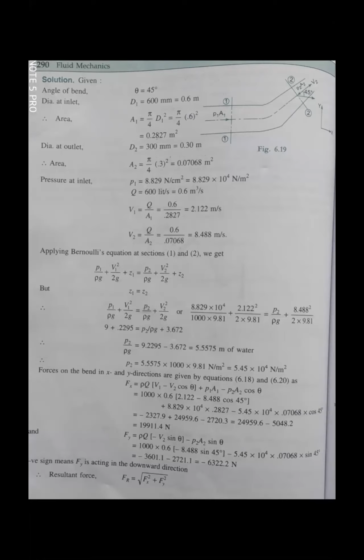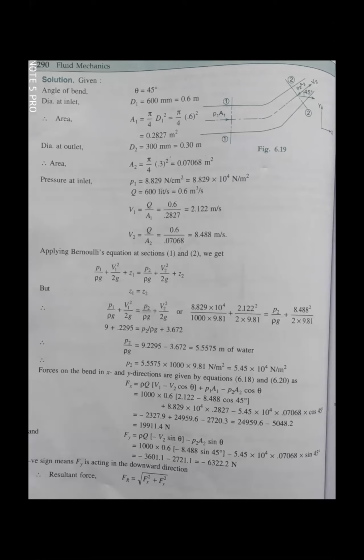That means you have to assume that the pipeline runs on the ground, and somewhere the direction of the pipeline, or flow direction, is changed by 45 degrees. So at the 45 degree reducing point, in that way, Z1 equals Z2 is written.